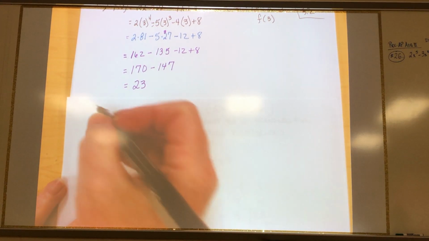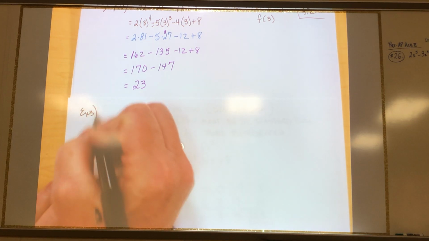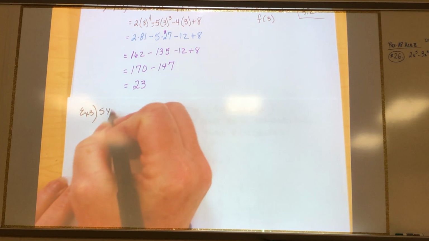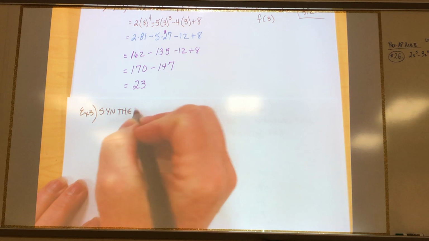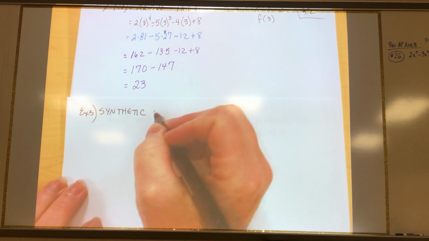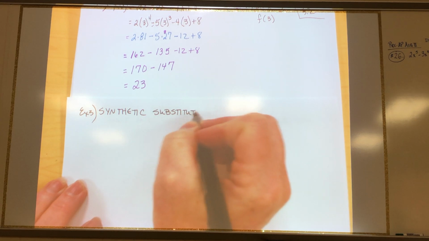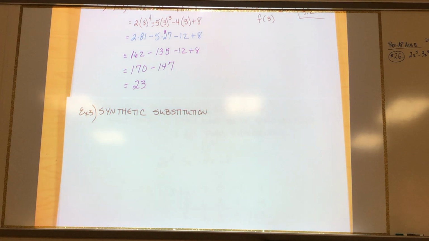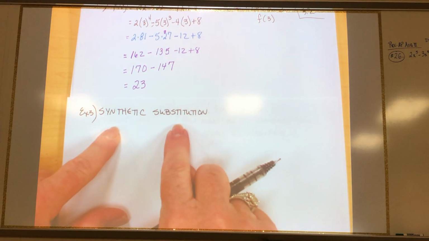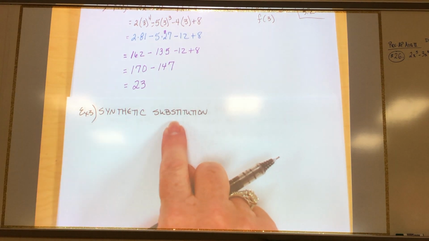So example 3. We're going to do what's called synthetic. What does synthetic mean? Fake. Yes. Synthetic substitution. Now, I'm going to tell you this, okay? I don't like it when they do this, but I have to call it this because my test generator comes from this book.